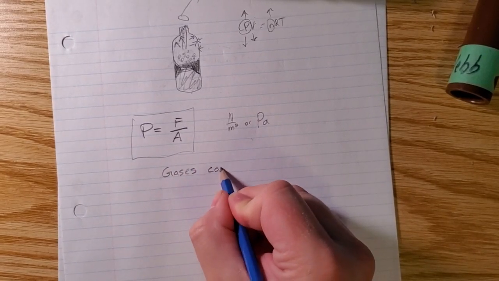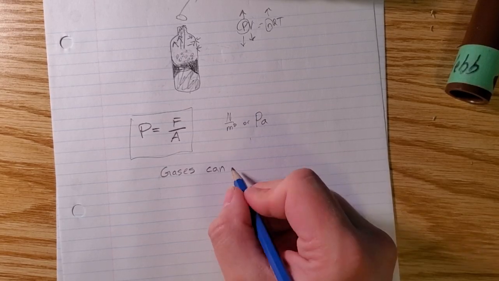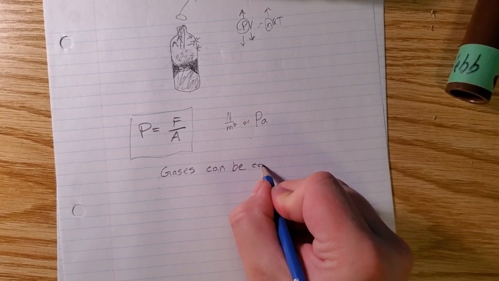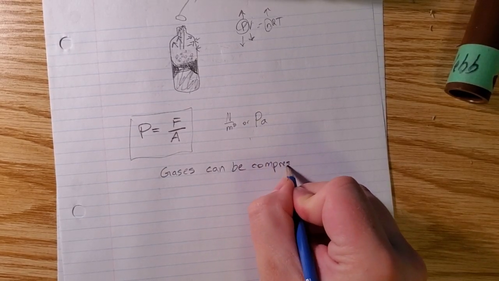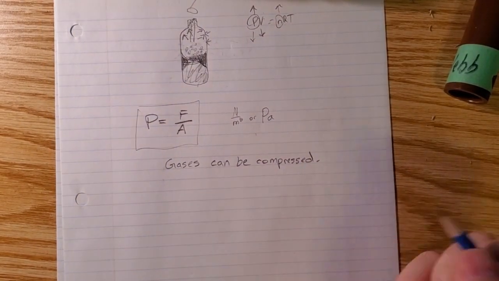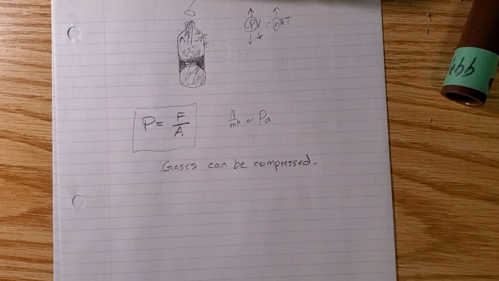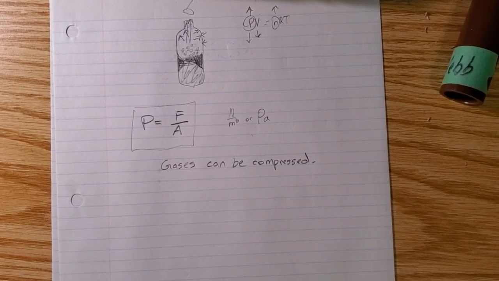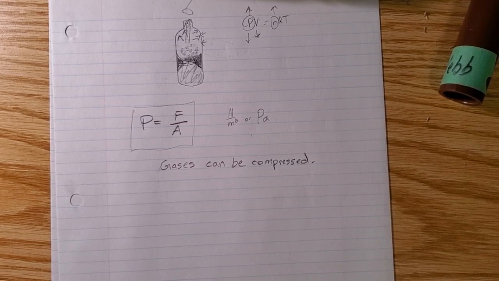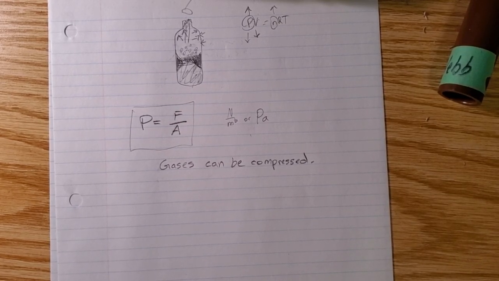Gases can be compressed more than liquids. Solids can't really be compressed because they are already in that shape that's the smallest. Now, ones that seem to be compressed, it's because there's different formations that some can be done.